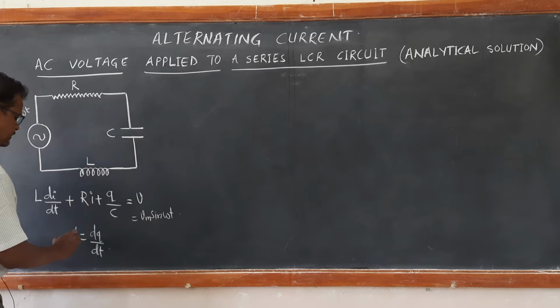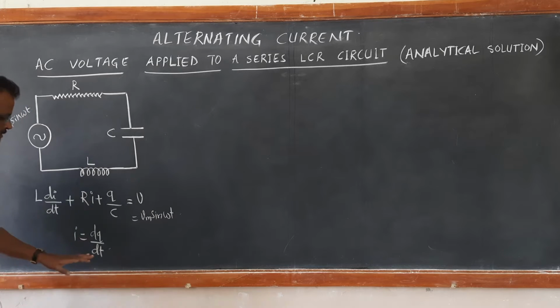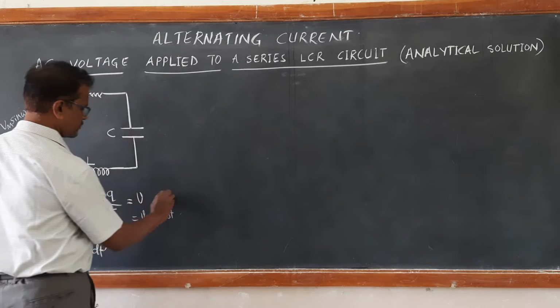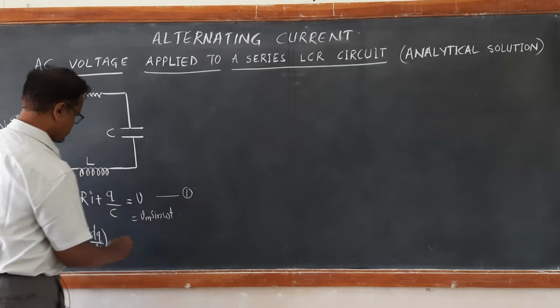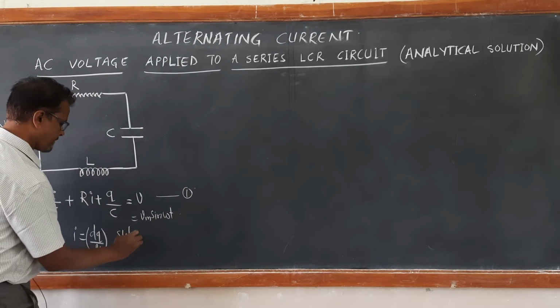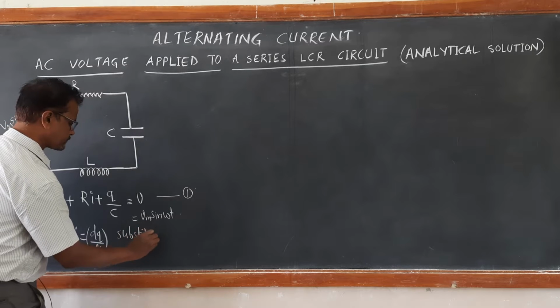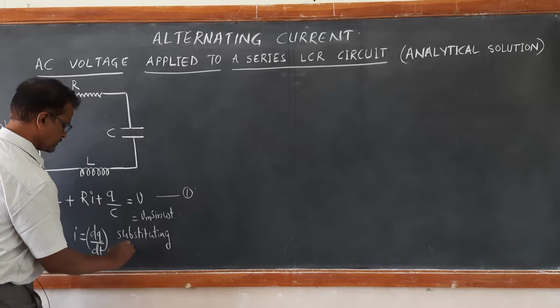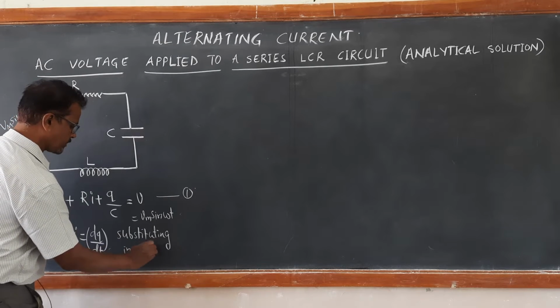So we can find the solution for the equation by substituting dq by dt for I in the above equation. Let us call this equation 1.